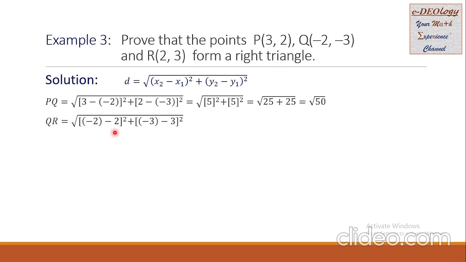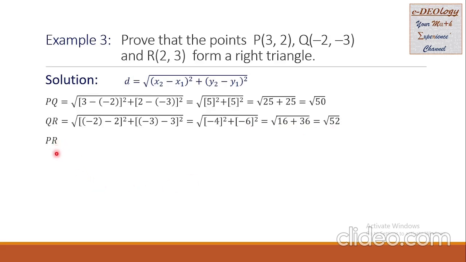Negative 2 minus 2 is negative 4, then we will square, plus negative 3 minus 3 is negative 6, then we will square. The square of negative 4 is 16, plus square of negative 6 is 36. The sum of 16 and 36 is 52. So for the QR, the answer is square root of 52.